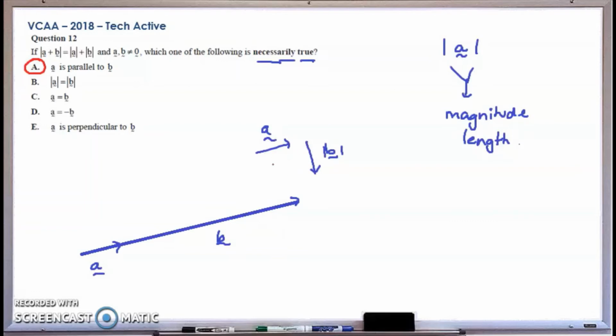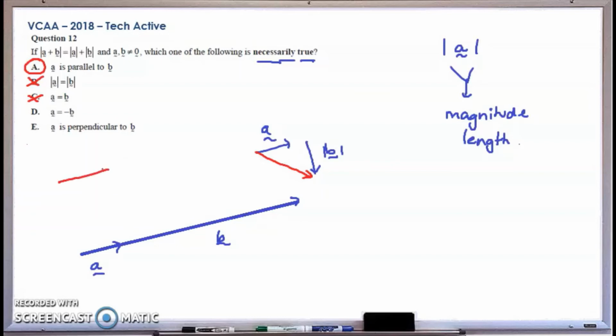Then if there's 90 degrees, for example, or any angle, the cosine rule or Pythagoras would tell us that the resulting vector is not the same length. So that's not true. If A and B are equal to each other as vectors, this is also true, that adding them will equal the sum of the parts. But it doesn't necessarily mean that they must be equal to each other. Any parallel vector will do, so that's not true.